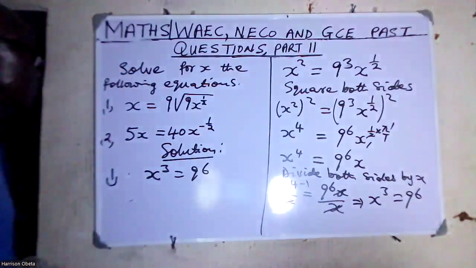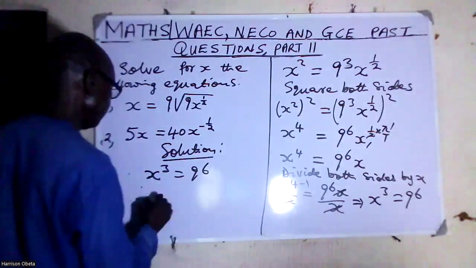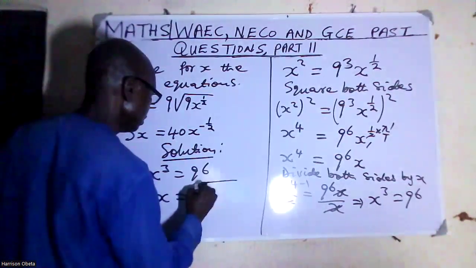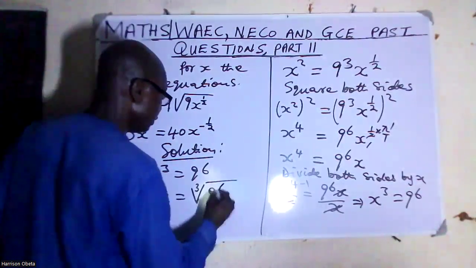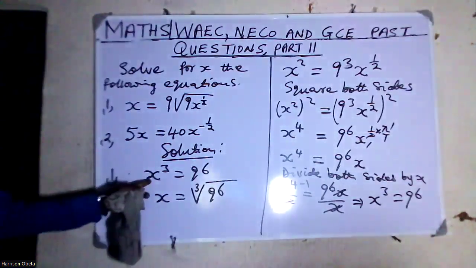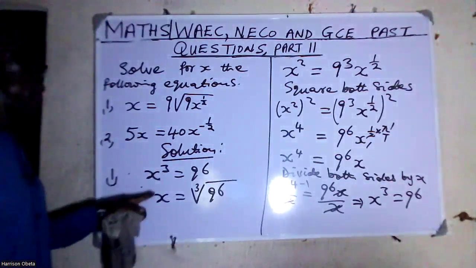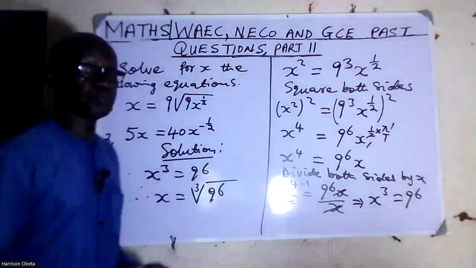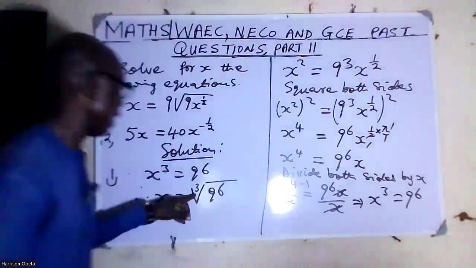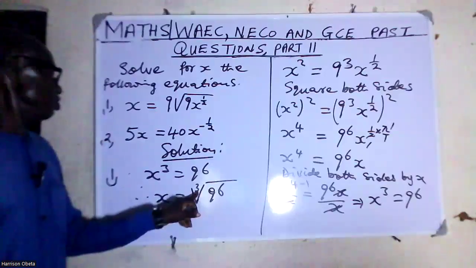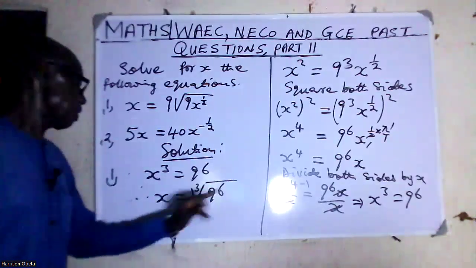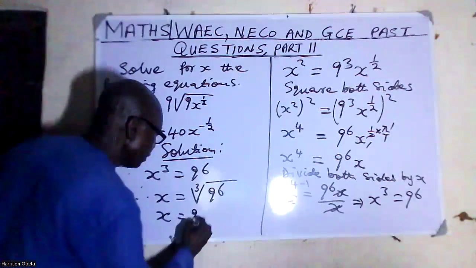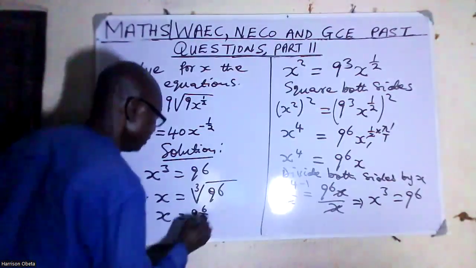You find the cube root of both sides. Therefore, x is equal to cube root of 9 raised to the power 6. Cube root of x raised to the power 3 is x. Then you find the cube root of this. And in this one, you just have to use the root sign here to divide the power. So it means that x is equal to 9 raised to the power 6 over 3.